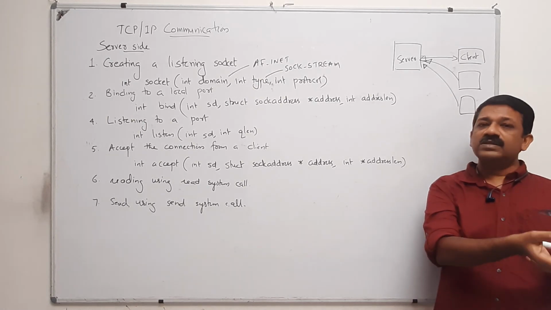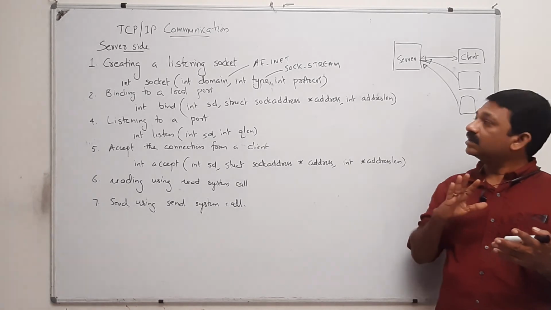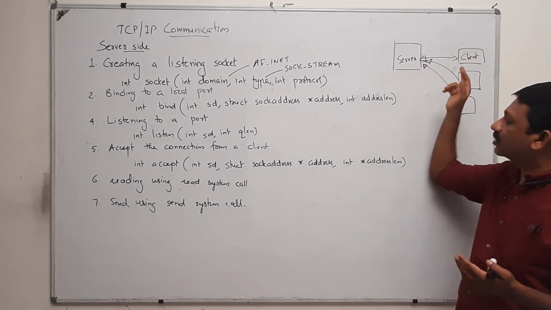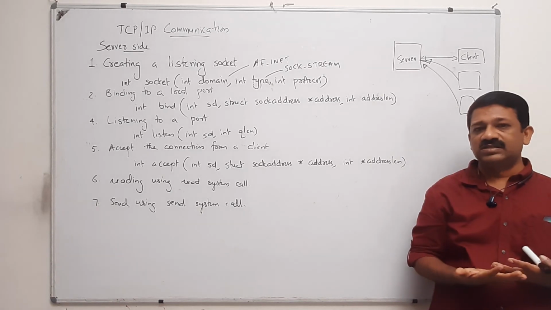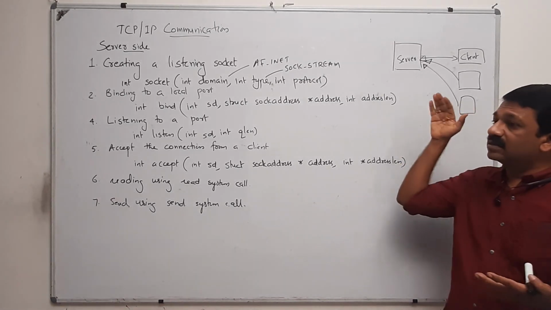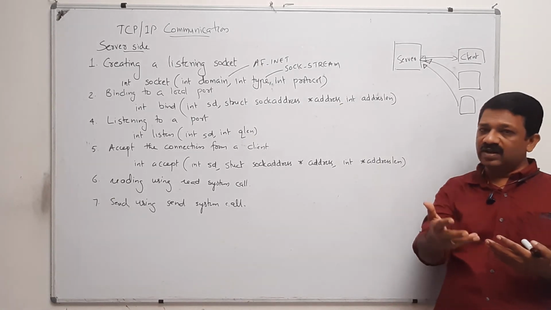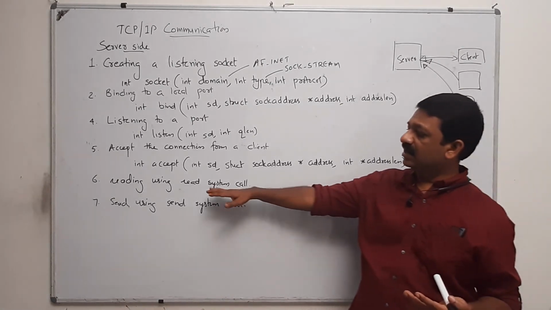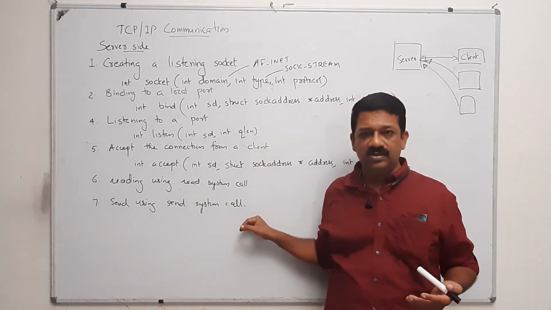Upon receiving that request, the server accepts it and sends a reply back to the client. That is how the connection is established. Once it is established, the client can write as well as read, whereas the server is reading and sending. After doing all these things, you can close the connection.